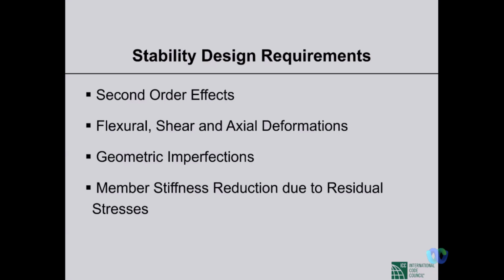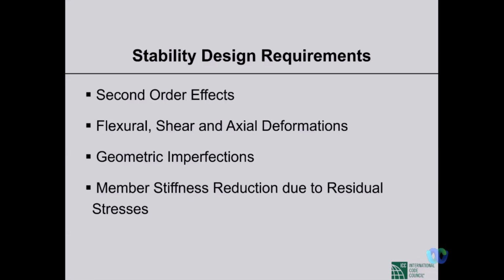Shear doesn't cause normal stress, no compressive stress apparently, so how can it cause buckling? It does cause buckling. We'll see how shear causes buckling. Similarly, with axial deformation, compression definitely will cause buckling.